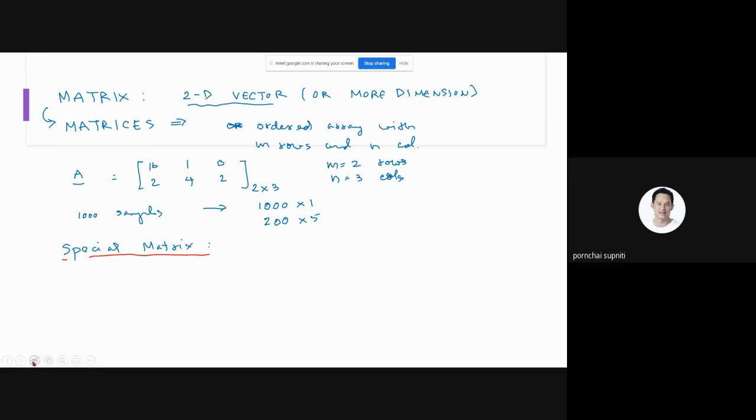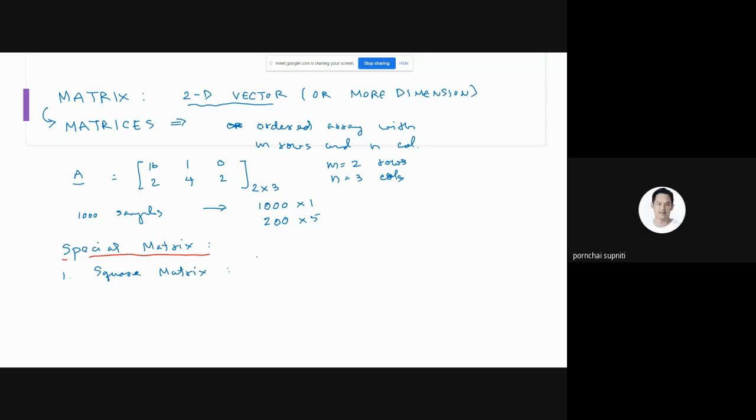I'm sure you know some of these already. For example, number 1, we can look at the square matrix. Thanat, what is a square matrix? A matrix that has equal rows and columns.